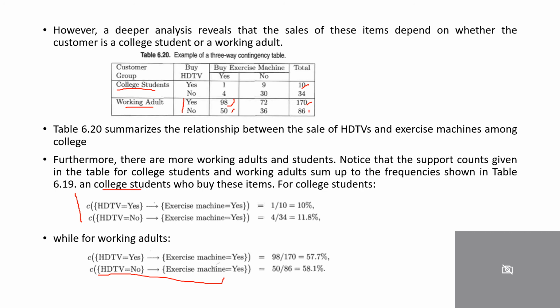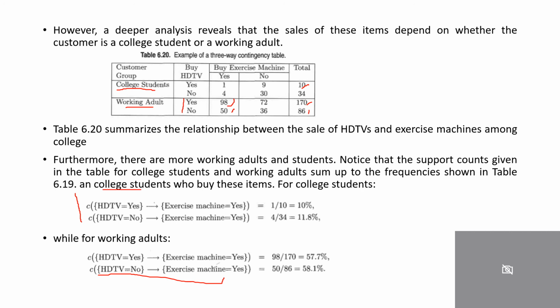86. Now if you observe this, the complete relationship has been changed. What it suggests is that for the college students and the working adults, the complete relationship between the sale of the HDTV and the exercise machine has changed. If you see, 11.8% is greater than 10%.